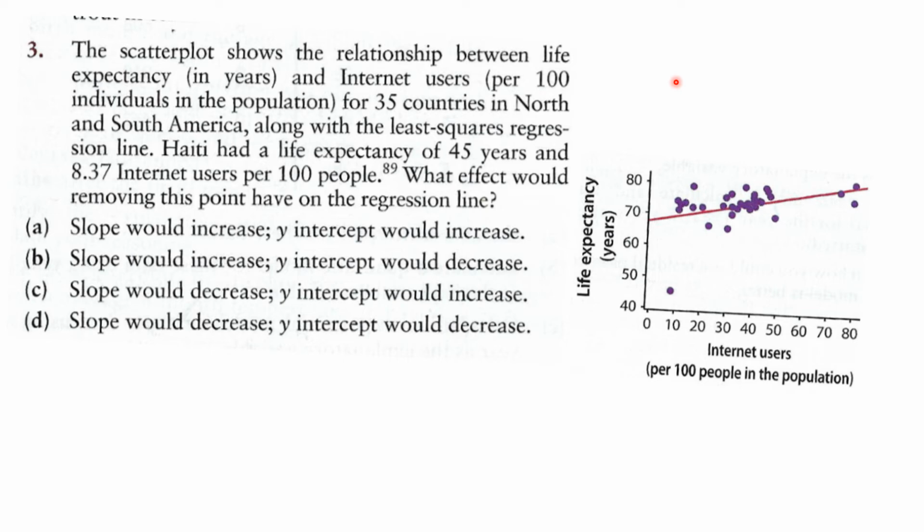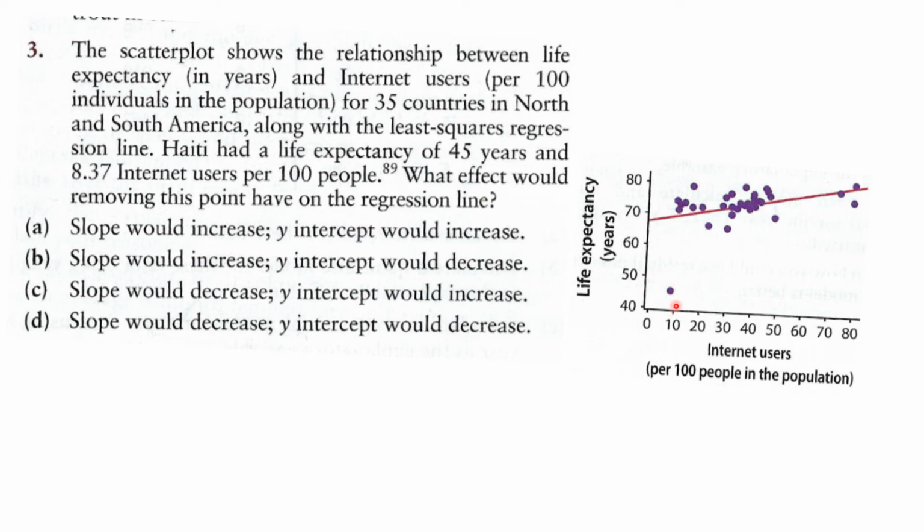Haiti had a life expectancy of 45 years and 8.37 internet users per 100 people. What effect would removing this point have on the regression line? Okay, so this is Haiti right here. Life expectancy of 45 and 8.37 internet users per 100.